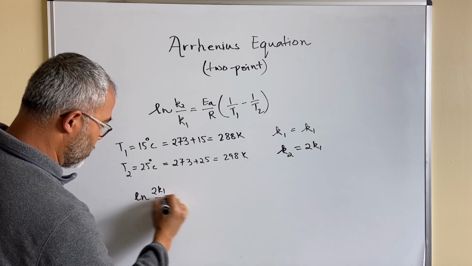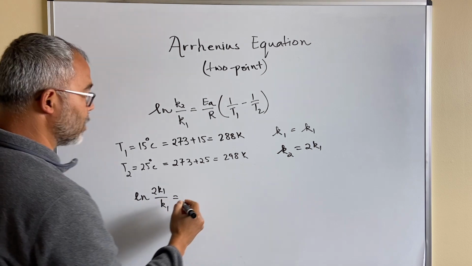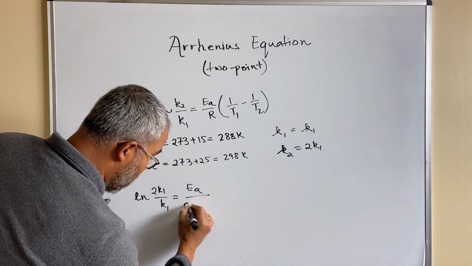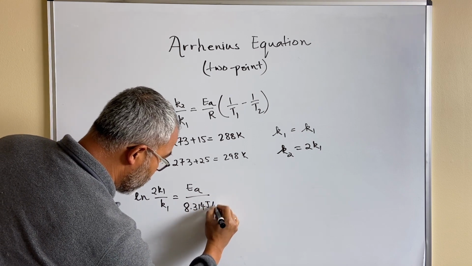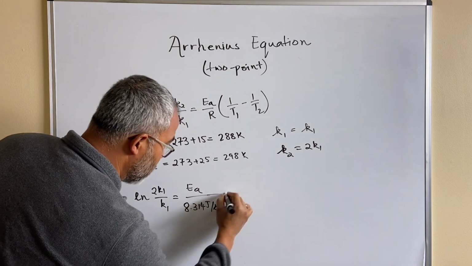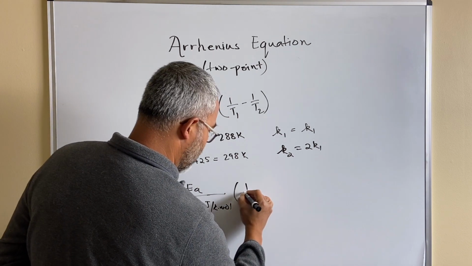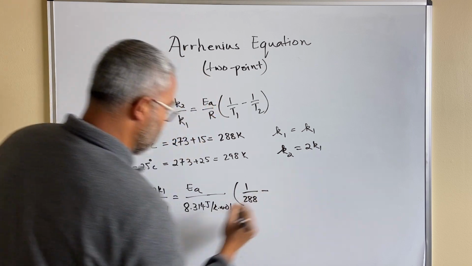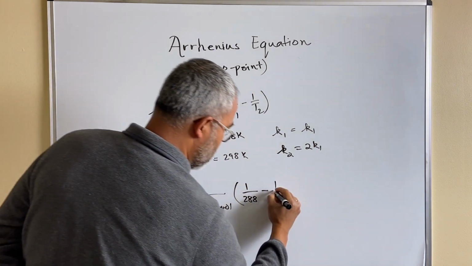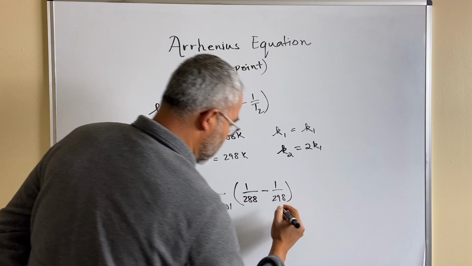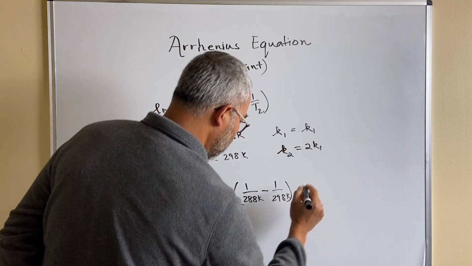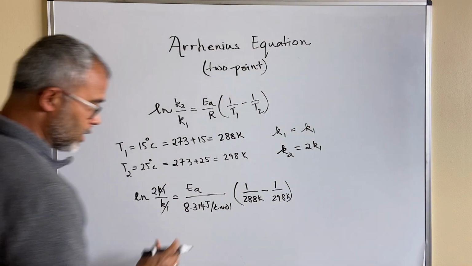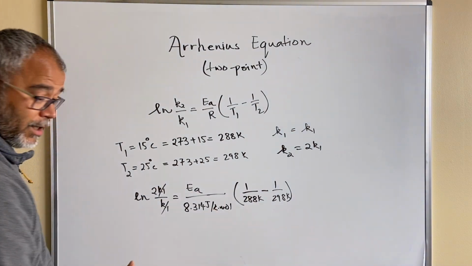So that's 2K1 over K1 is equal to EA over R, which is 8.314 joule per Kelvin mole, times 1 over T1, which is 288, minus 1 over T2, which is 1 over 298, and that's both Kelvin. That cancels out, and then let's go ahead and simplify all of this.